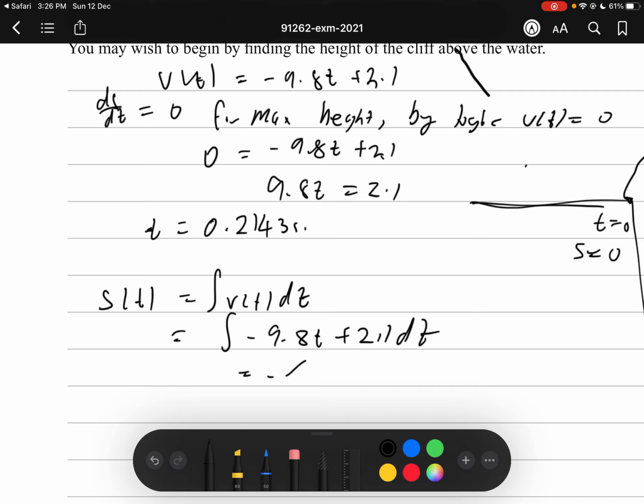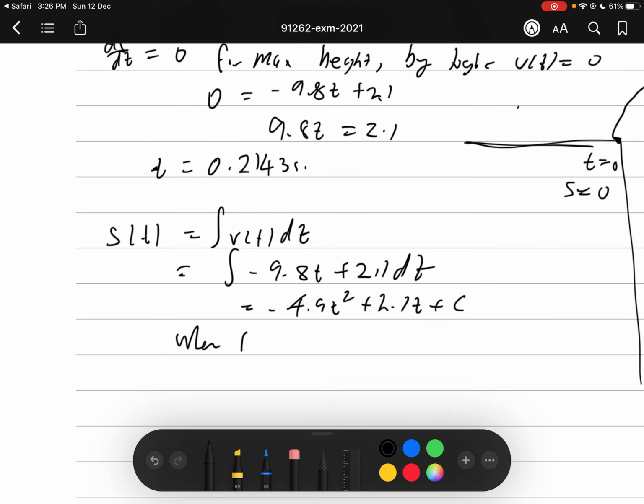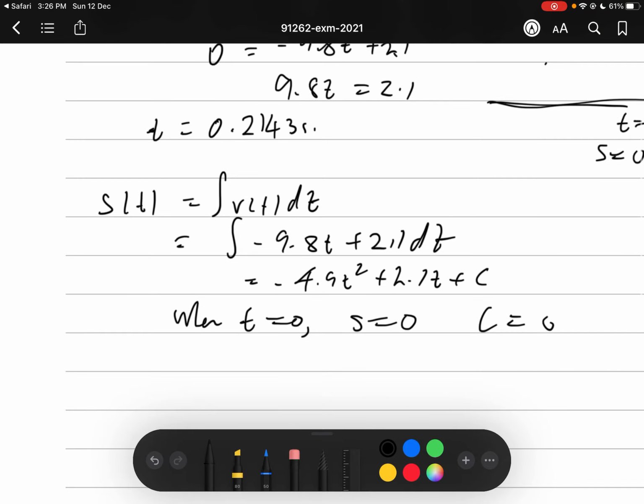This gives negative 4.9t squared plus 2.1t plus c. When t equals 0, s is equal to 0, thereby c equals 0. So s of t is equal to negative 4.9t squared plus 2.1t.